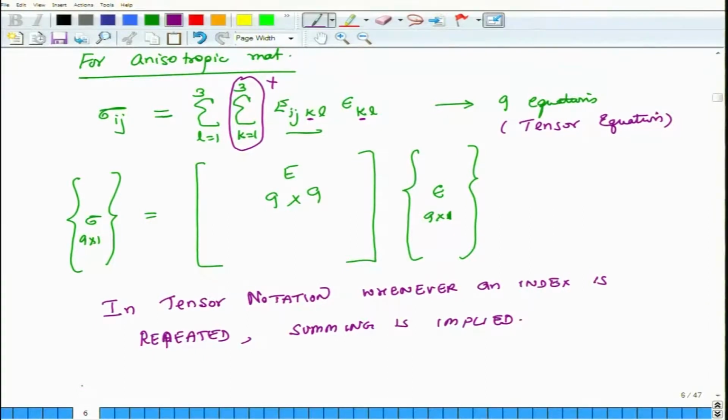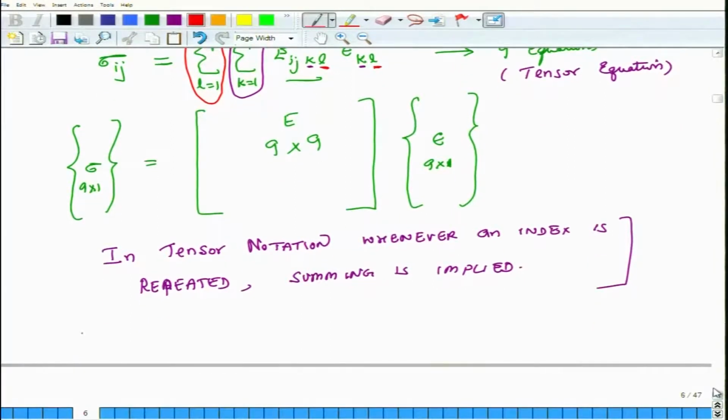If it was not repeated, then we cannot say that some addition is happening, but if k is repeated, then the addition is implied. Similarly, we see that the index l is also repeated.